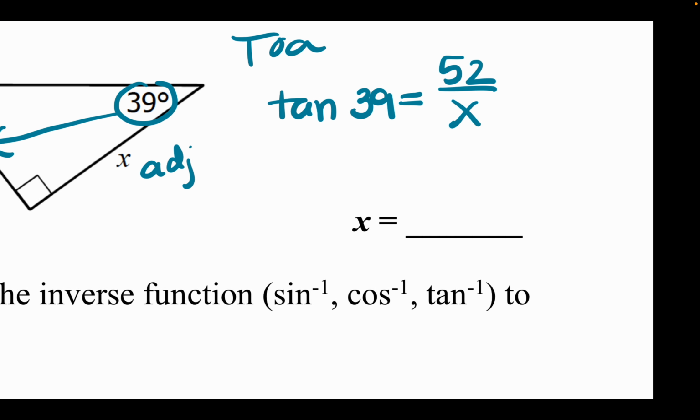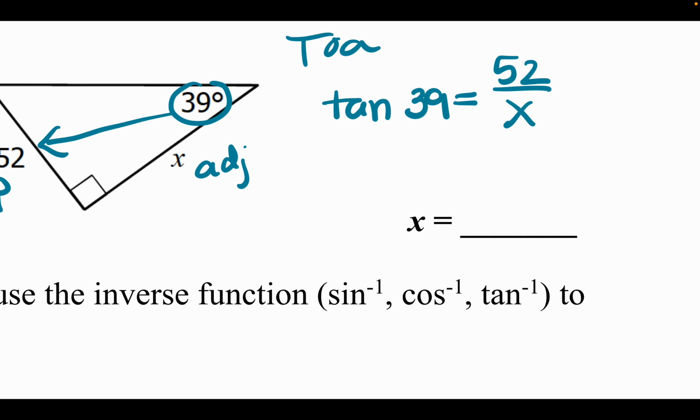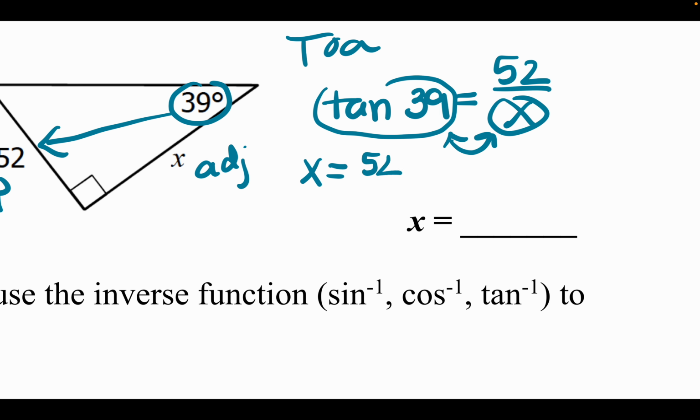So you can go through the process of cross multiplying, but if you want to use the pattern, we know that these guys are just going to trade place. So x is equal to 52 divided by tangent of 39. And this only happens when your x is on the bottom of your fraction. So it's a good little trick to use, and it makes your solving go a lot faster. So we get x is 64.2.